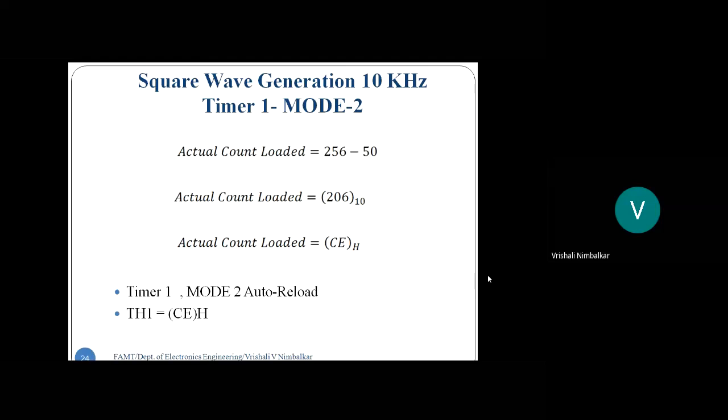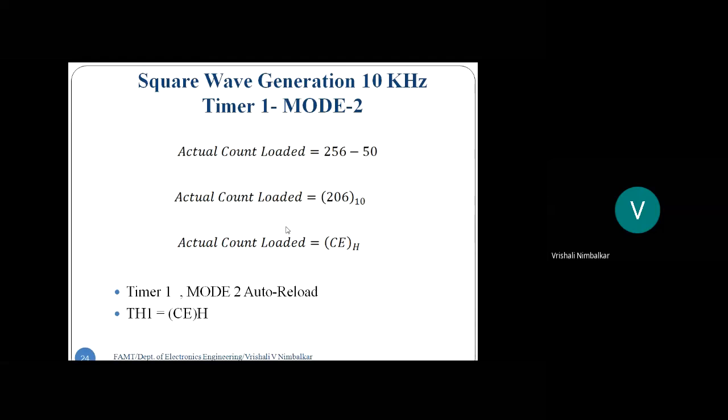If you stop the timer, then again you have to reload it, meaning you have to do all the initializations again. Is that okay? So keep in mind, let the timer be in any mode, mode 0, mode 1, mode 2, mode 3, once you stop the timer, you need to load the counts again.